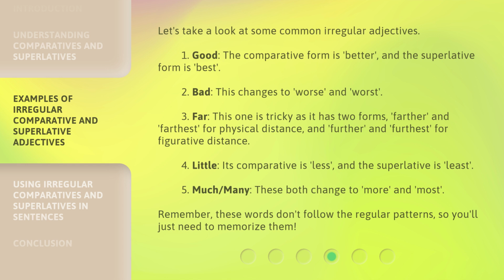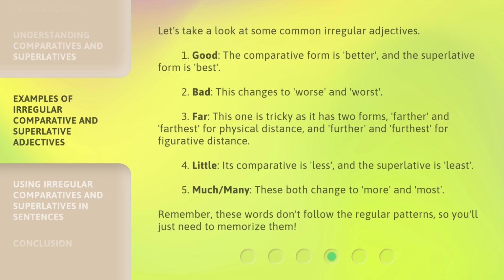Let's take a look at some common irregular adjectives. 1. Good. The comparative form is better, and the superlative form is best. 2. Bad. This changes to worse and worst. 3. Far. This one is tricky as it has two forms, farther and farthest for physical distance, and further and furthest for figurative distance. 4.